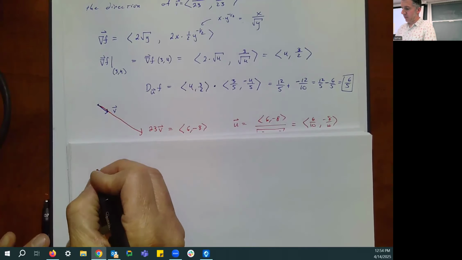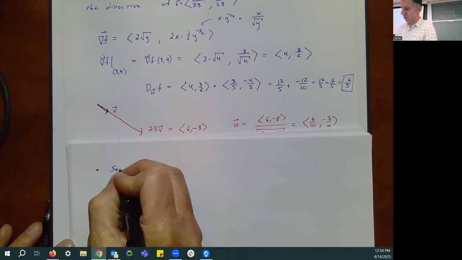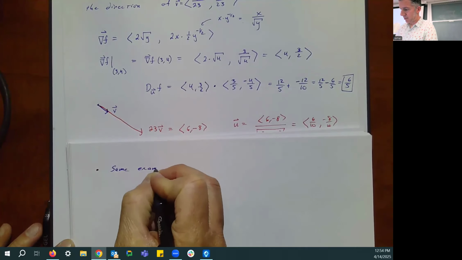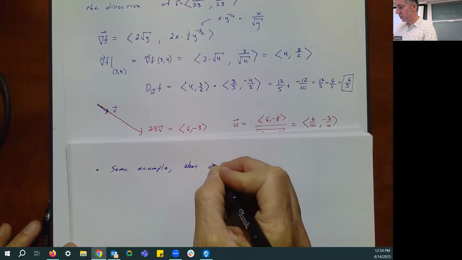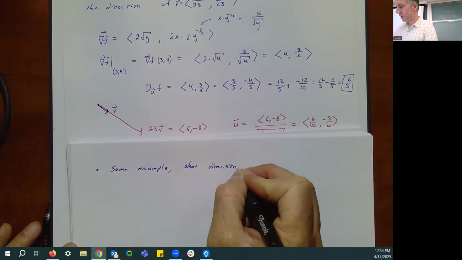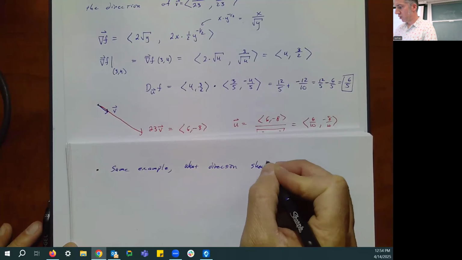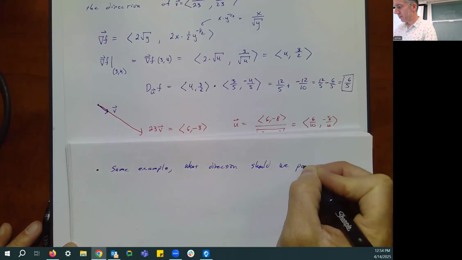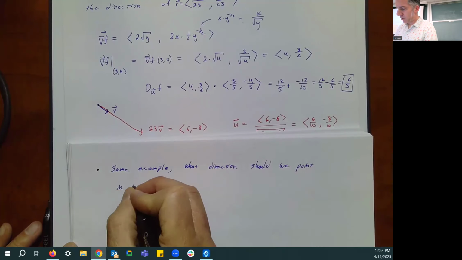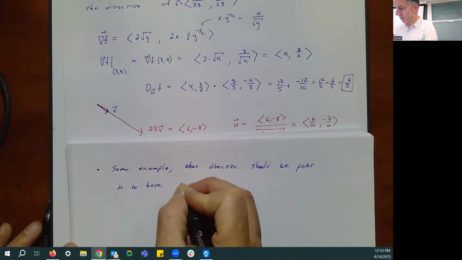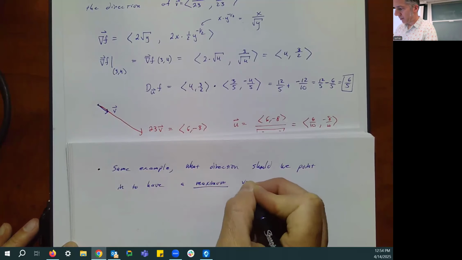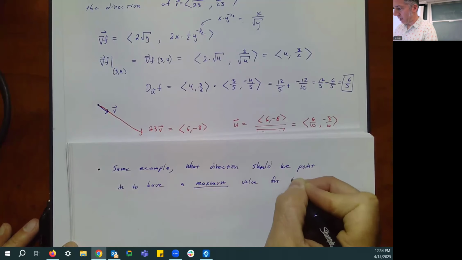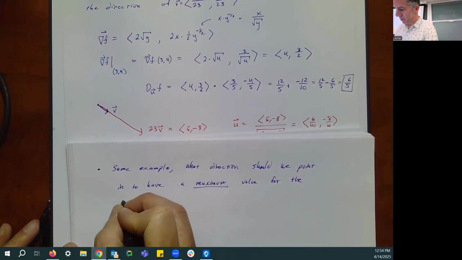For this same example still, what direction should we point in to have a maximum value for the directional derivative?